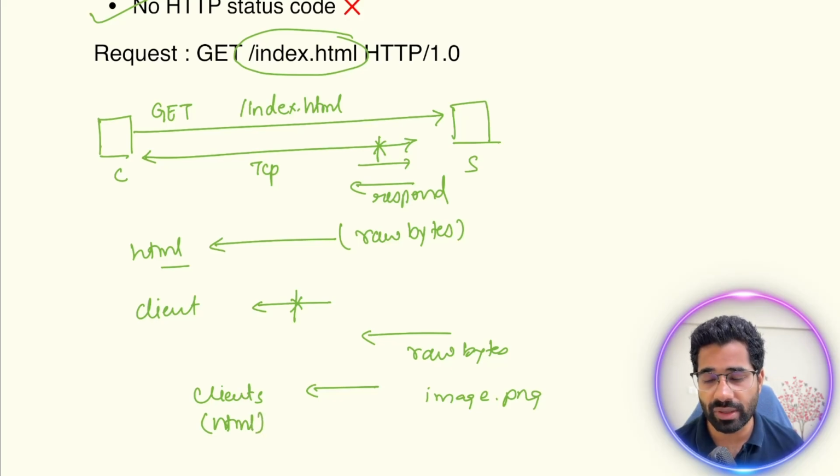Since no content type was present, it would always read the raw bytes as HTML, and if any other file was sent, it would assume those raw bytes were corrupted because they could not be interpreted as HTML. So the servers were bound to only send HTML data because the content type was missing.